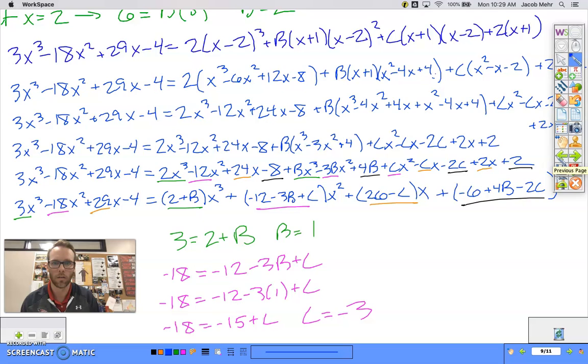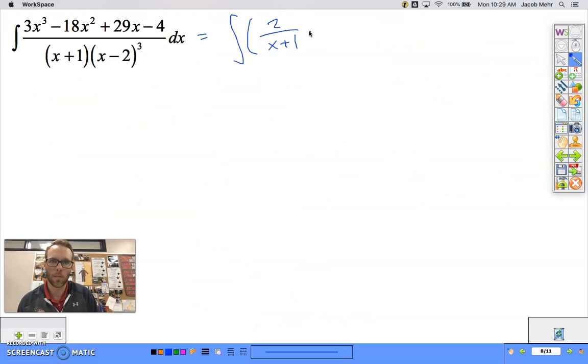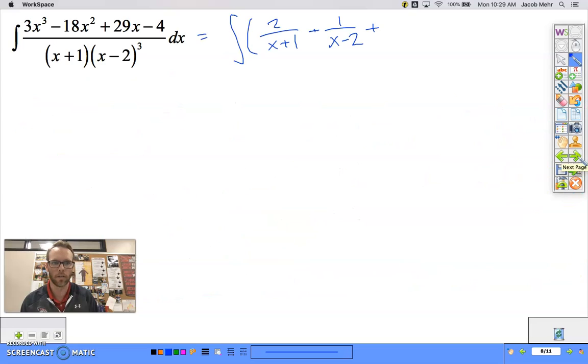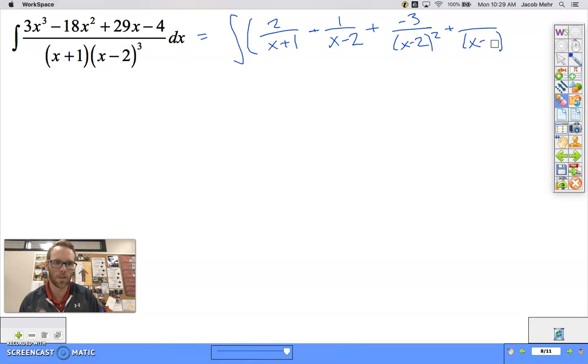So 1 over x minus 2, plus c over x minus 2 squared. And for c we got negative 3. And then we had our x minus 2 cubed, which was our d, and our d was 2.